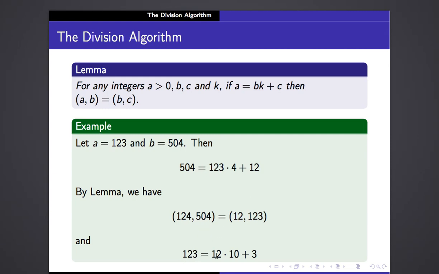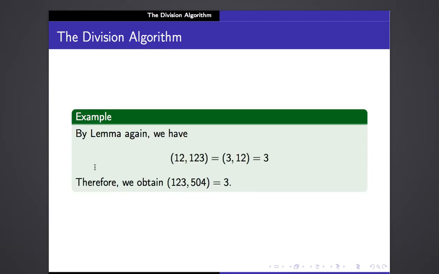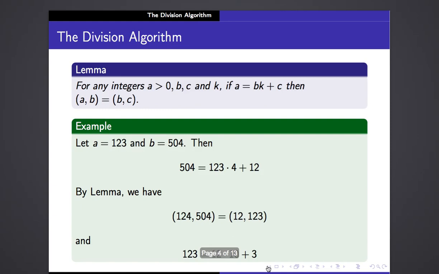So when you divide 123 by 12, the quotient is 10 and the remainder equals 3, right? So 123 can be written as 12 times 10 plus 3. So we can actually apply the lemma again, or the division algorithm.